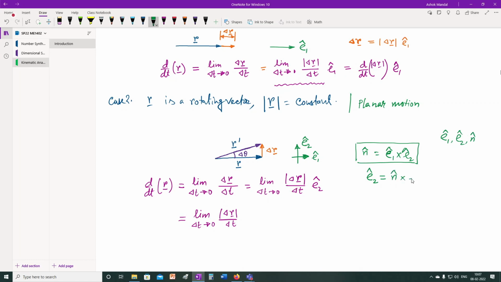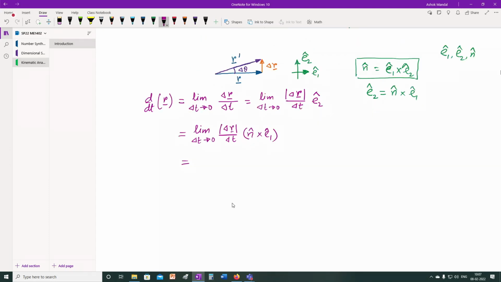So we should write n cross E1. That's what we use here. Now if I write it this way, limit delta t tends to 0, and this magnitude, can we write it in terms of theta and r?